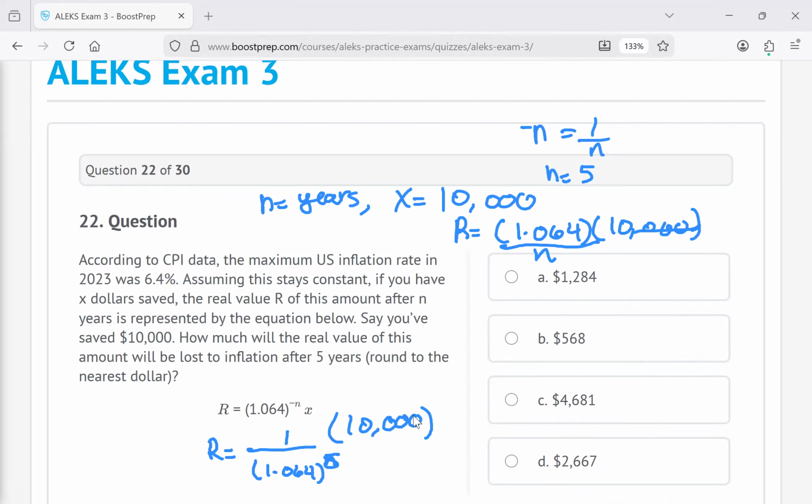Oh, I see. So now, when I put that in the calculator, I get 7,333.17. So all you've got to do is subtract that from 10,000. That'll give us your inflation. So 10,000 minus 7,333.17.